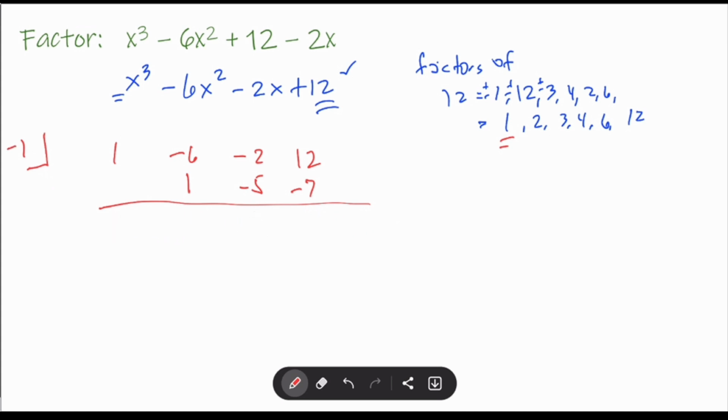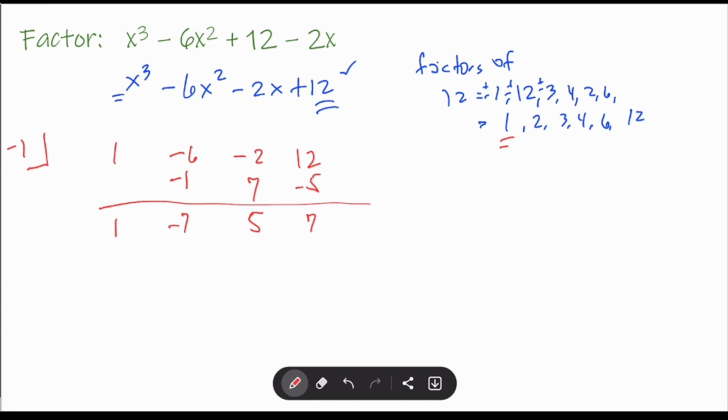So for example, if you continue with negative 1, then 1, negative 1 times negative 1 is negative 1. Negative 6 and negative 1 combined, it's negative 7. Negative 1 times negative 7 is positive 7. Negative 2 plus 7 is positive 5. And negative 1 times 5 is negative 5.